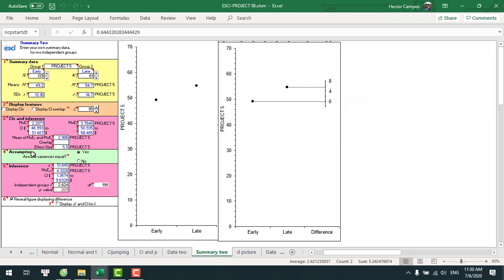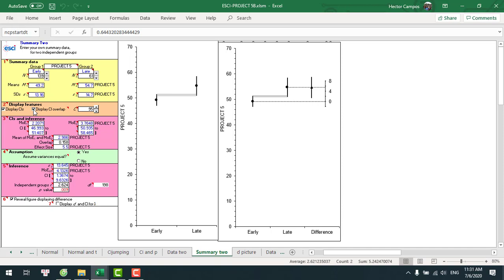And when we add the confidence intervals for the two groups, let me add the confidence intervals. Okay, there are the confidence intervals for the two groups. We can see here that there is very little overlap.